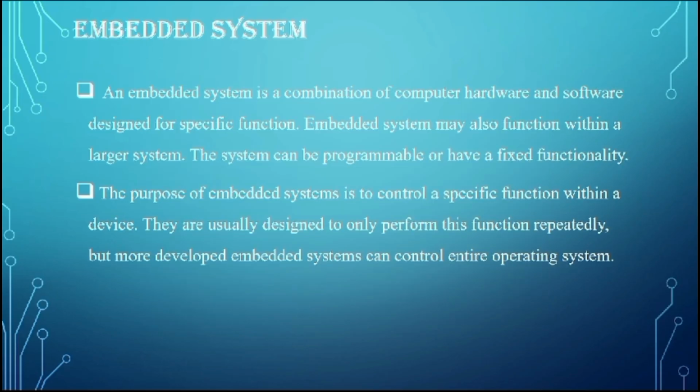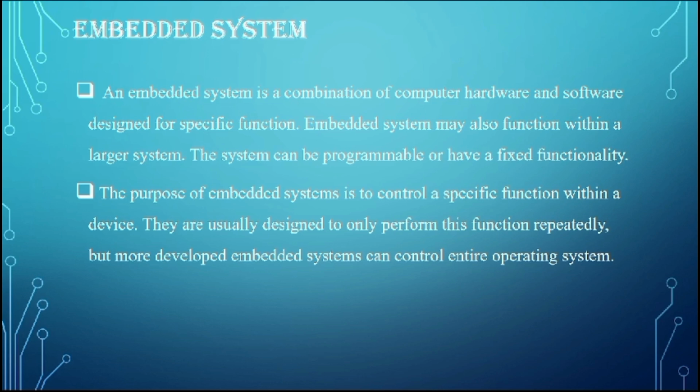Now, the embedded system. An embedded system is a combination of computer, hardware and software designed to perform a specific function or task. An embedded system may also function within a larger system and can be programmable or have fixed functionality.